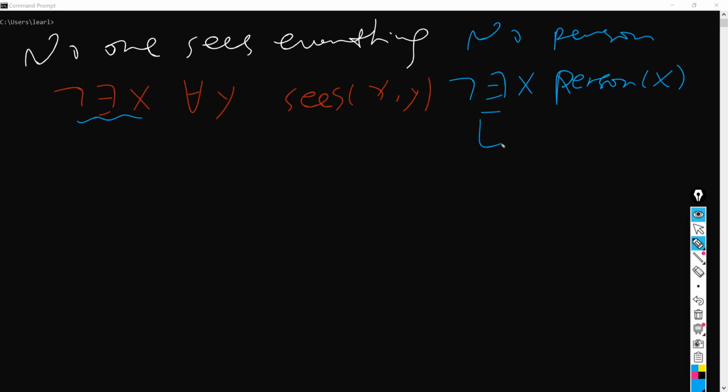We have to have a bracket here. So sorry, here is y, and sees everything. If no one, then we just assume that the object is not a person, it can be anything. However, if there is no person, then we have to make sure that this object is a person.